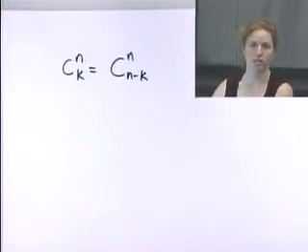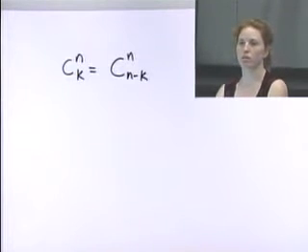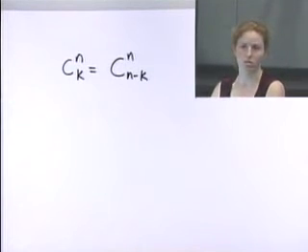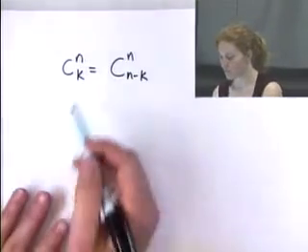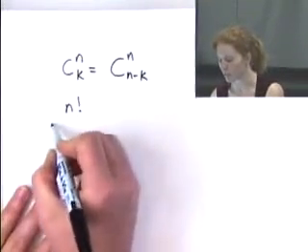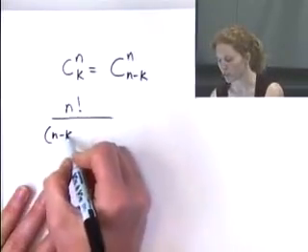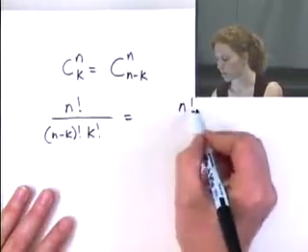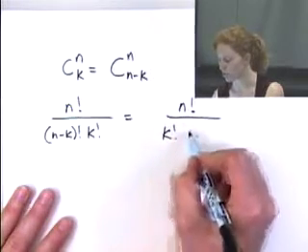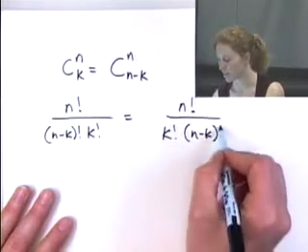If I take n things and choose k of them, that's the same as choosing the complement set. Everybody remember what a complement is? The complement is everything that wasn't in the original one. So that was because of our formulas. This formula over here is n factorial over k factorial times n minus k factorial.